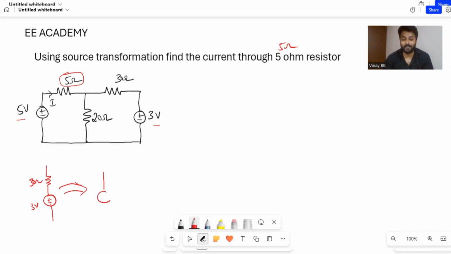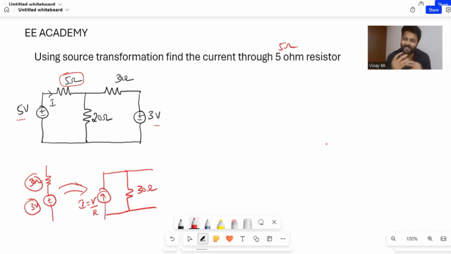You get a current source along with the internal resistance connected in parallel to this source, the same value of resistor, 30 ohm. You need to find only the current value with the help of Ohm's law. That is I equals V by R, where V is 3 and R is 30, and you get the value of current. Like that, you transform a voltage source into a current source or a current source into a voltage source. I hope you got it.